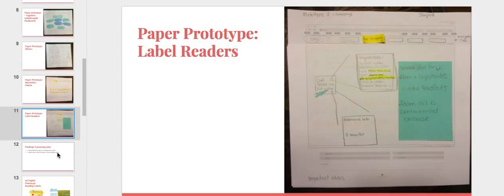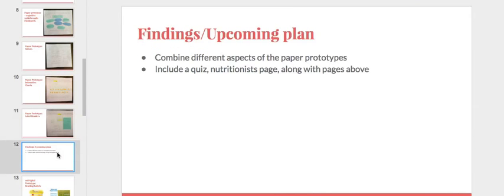So what I did with my paper prototype was, since I created 3 different website-like paper prototypes, they were all kind of similar. I just took out the most popular aspects of those and then created it into one digital prototype.